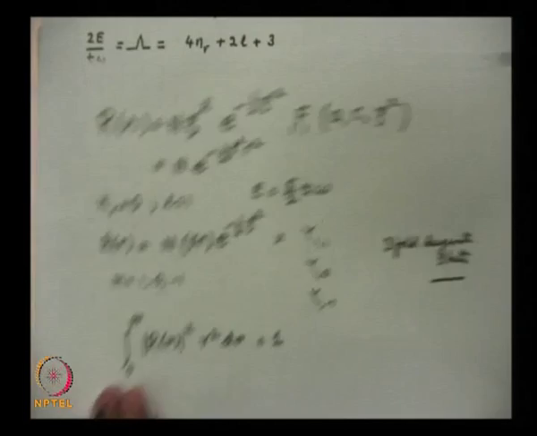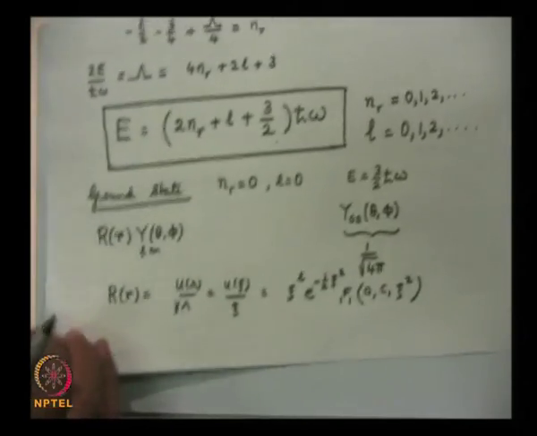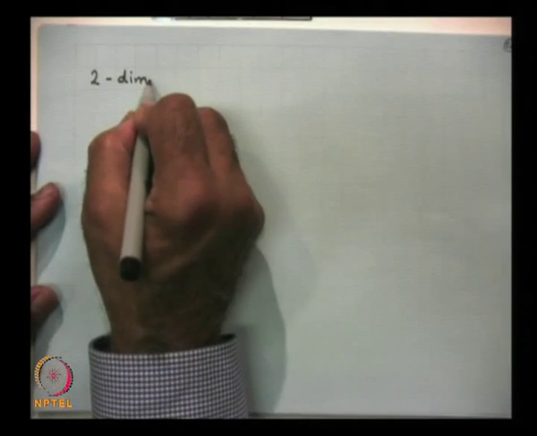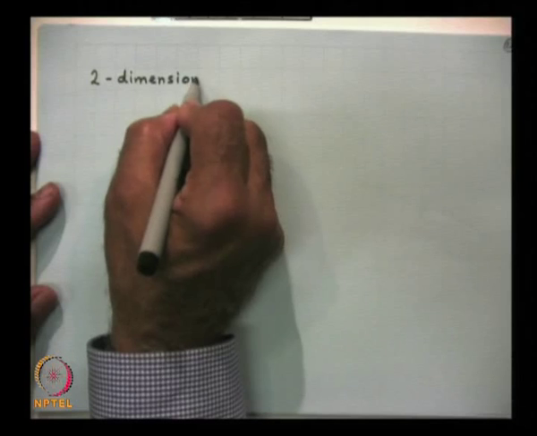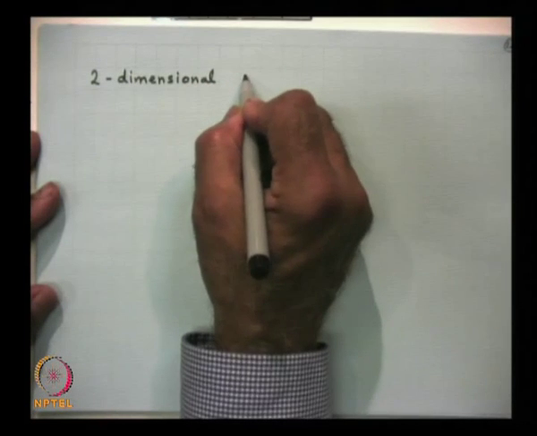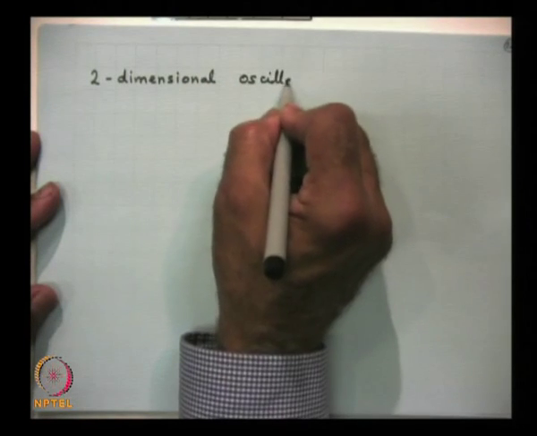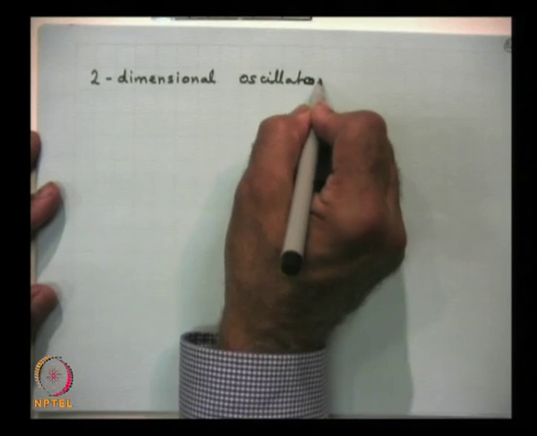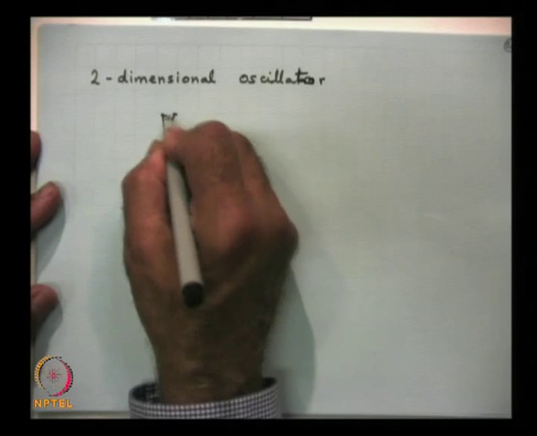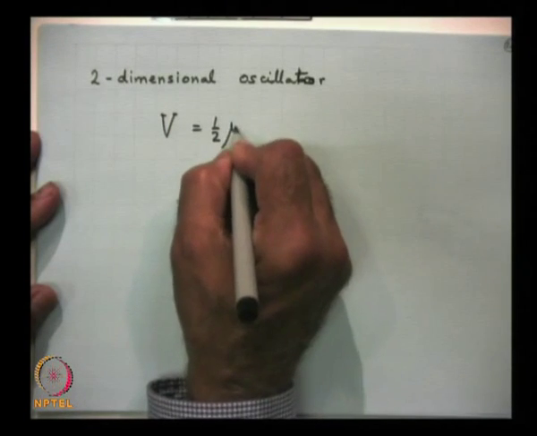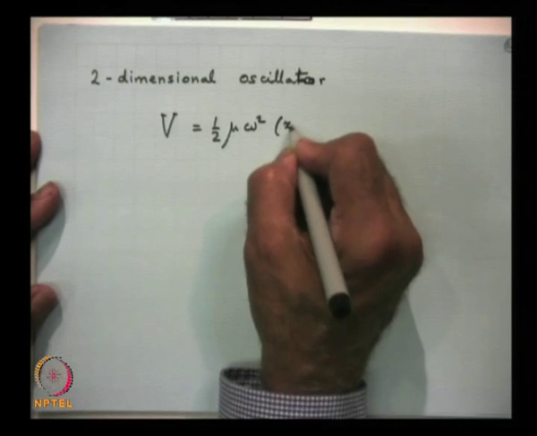So, finally, we consider the last problem in this series, and that is the two-dimensional harmonic oscillator. We conclude these lectures by considering the two-dimensional oscillator, in which we will have V as half of mu omega square times x square plus y square.